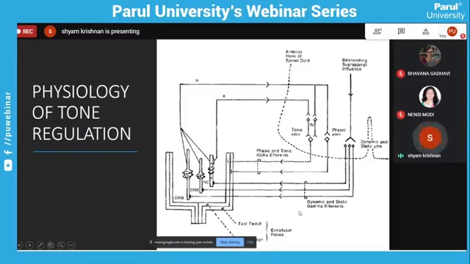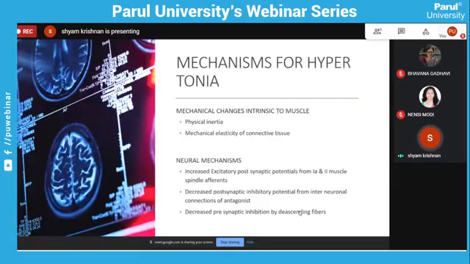One of the characteristic features seen in spasticity is this lack of reciprocal inhibition. So one of the mechanisms is that reciprocal inhibition is lost.